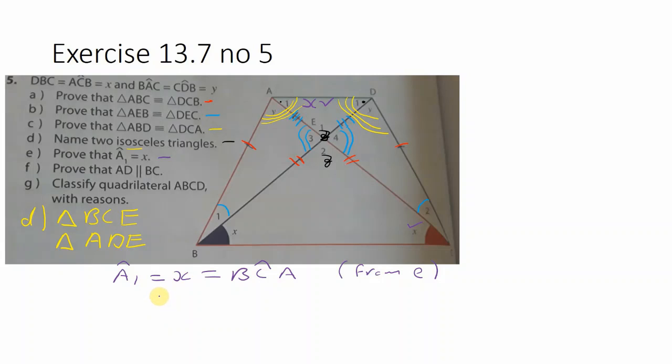So we can therefore safely say that AD is therefore parallel to BC. Reason being we have vertical opposite angles that are equal.